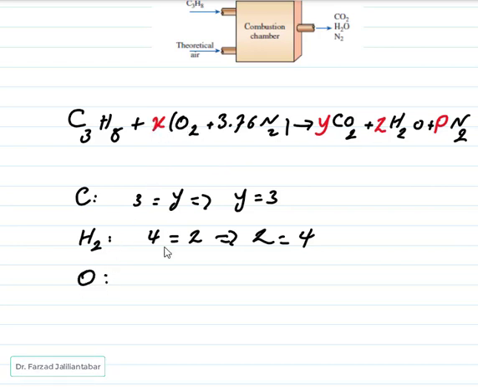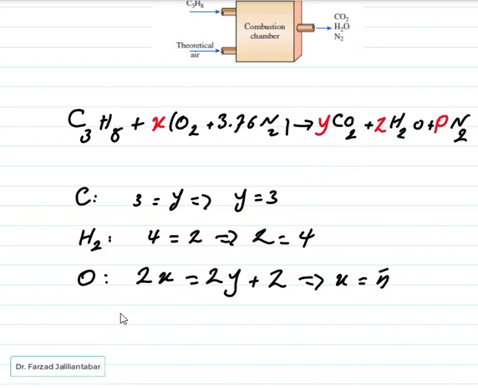We have 2 atoms of oxygen here, so 2X equals 2Y plus Z. By substitution of Z and Y, we will have X equal to 5.